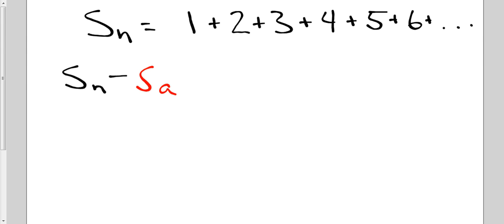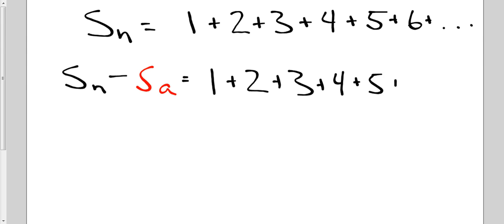S sub A. And that's going to equal 1 plus 2 plus 3 plus 4 plus 5 plus 6 plus dot, dot, dot. Okay? And I'm going to subtract. Did I do this right? I hope I did this right. Minus, I'm going to do this in blue.